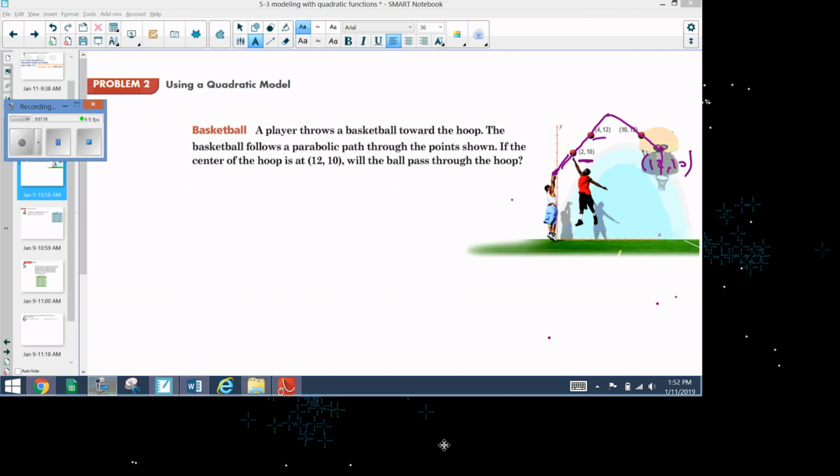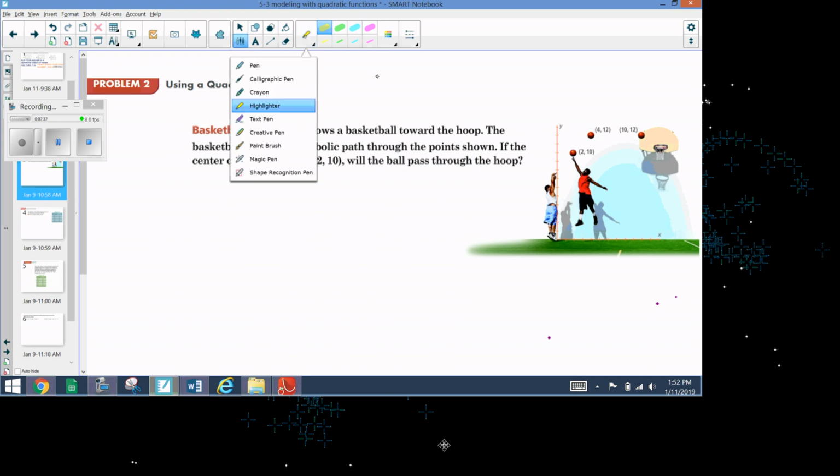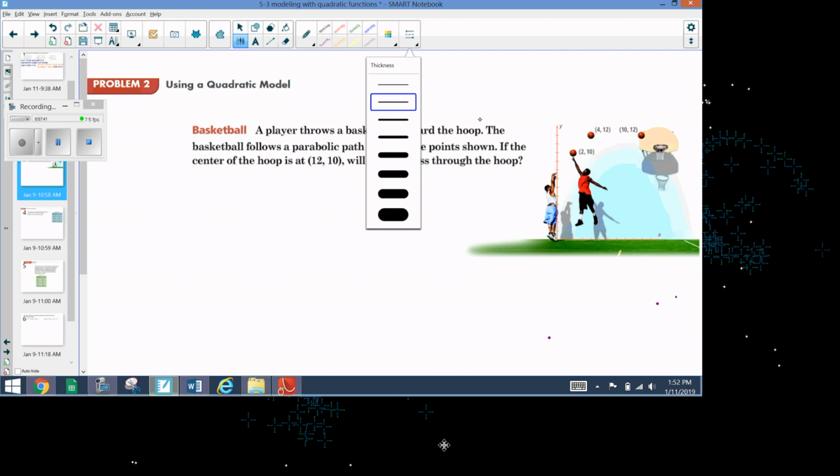Okay, now we have a basketball question. A player is shooting here and another guy has tried to block him, but he didn't touch the ball. And the ball rises up and makes a parabola, right? We don't have the line, but actually we can draw a line there. He is shooting there. It's going to be a parabola.